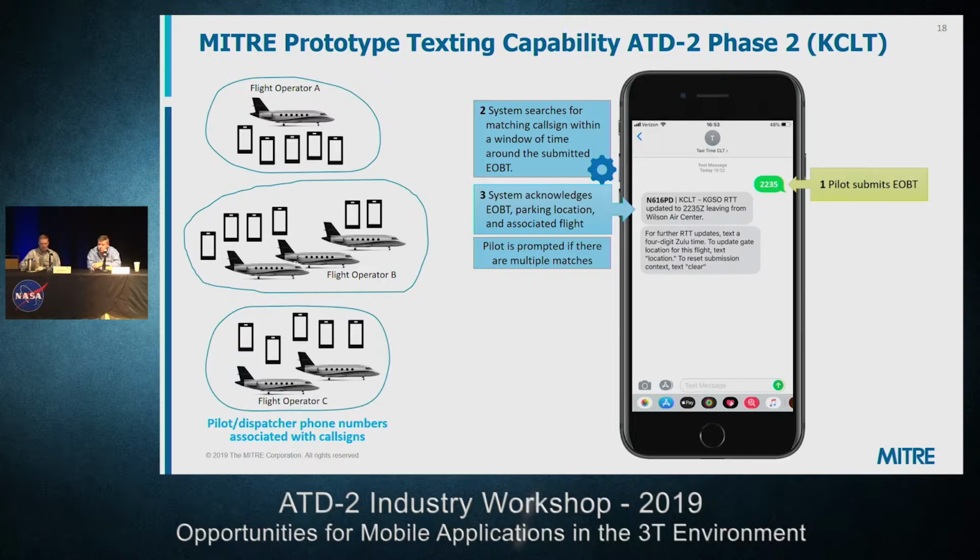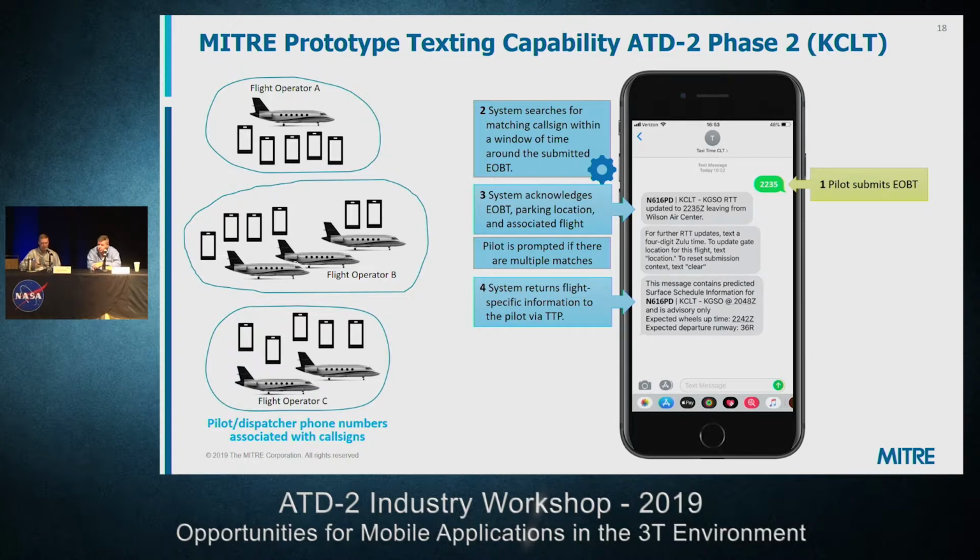And there's some other information they can pull up if they text some keywords. Then, as the back-end scheduler system is crunching demand, as information for that flight gets updated, like its runway or target takeoff time, a text message will be sent back to that pilot with that information.